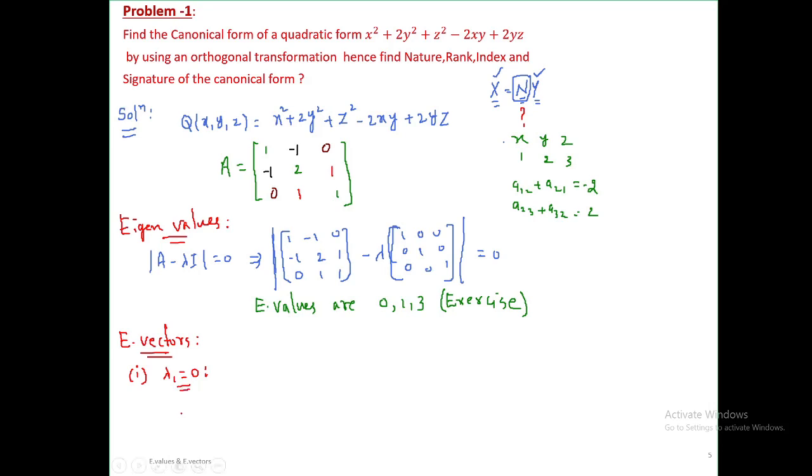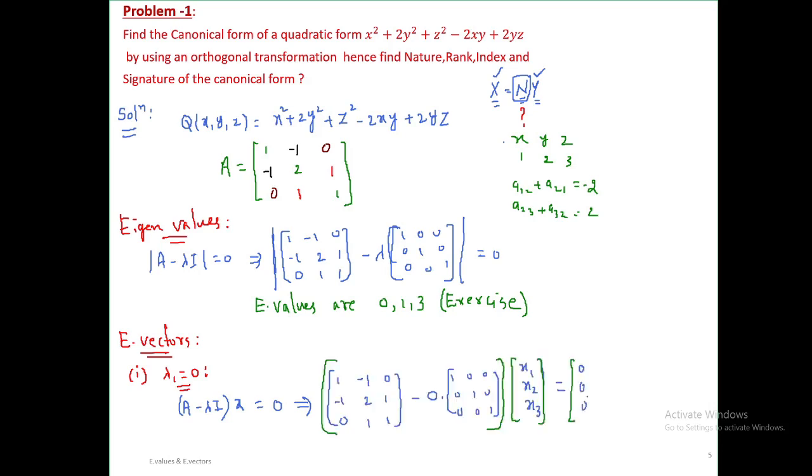You know already how to find it: A minus lambda I into x equal to 0, the null matrix. Such an x we need to compute. Here x is unknown and lambda is 0. Plug in back: x is a 3 by 1 matrix, 3 rows and 1 column. Now this 0 into this will be 0 and only this matrix is left, which is 1, minus 1, 0.